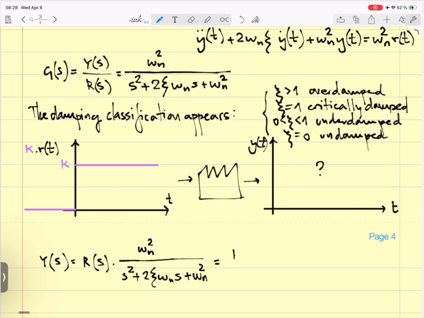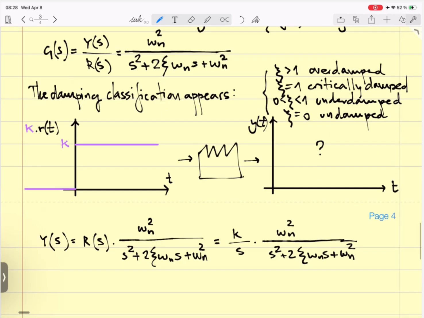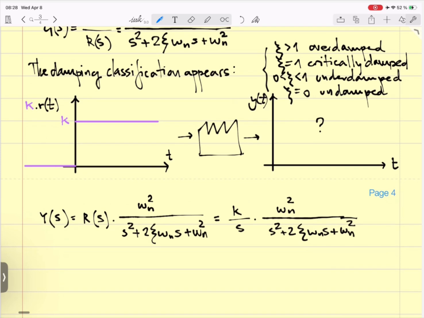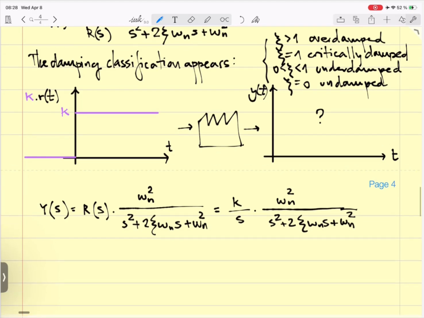This equals k divided by s times w sub n square divided by s square plus 2 times xi w sub n s plus w sub n square. Okay. So this is the way we would now do the calculations.